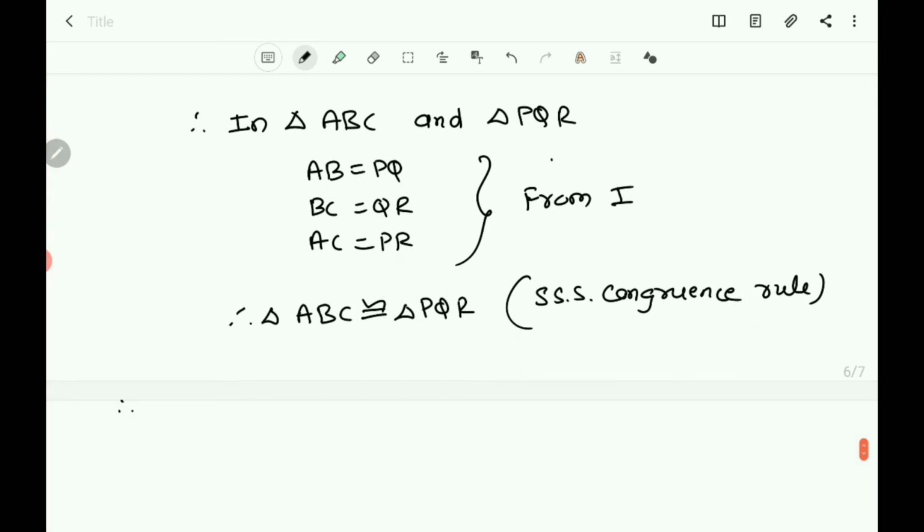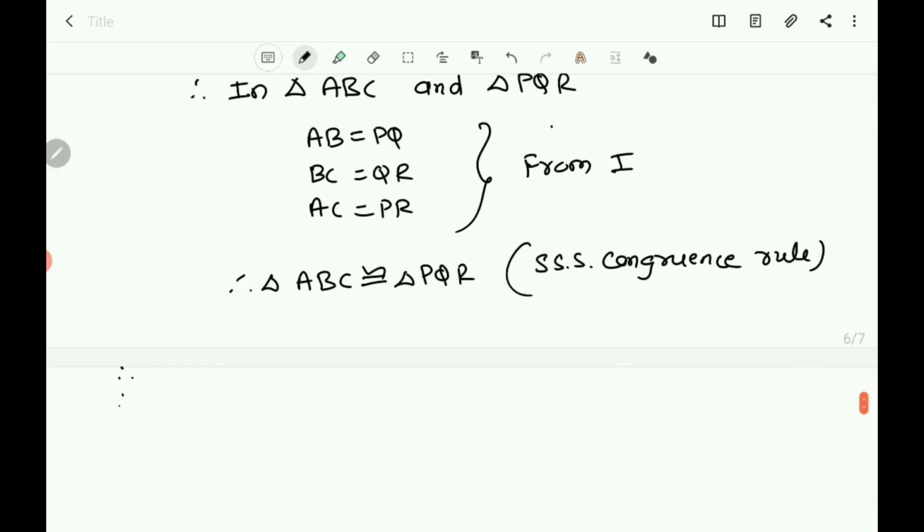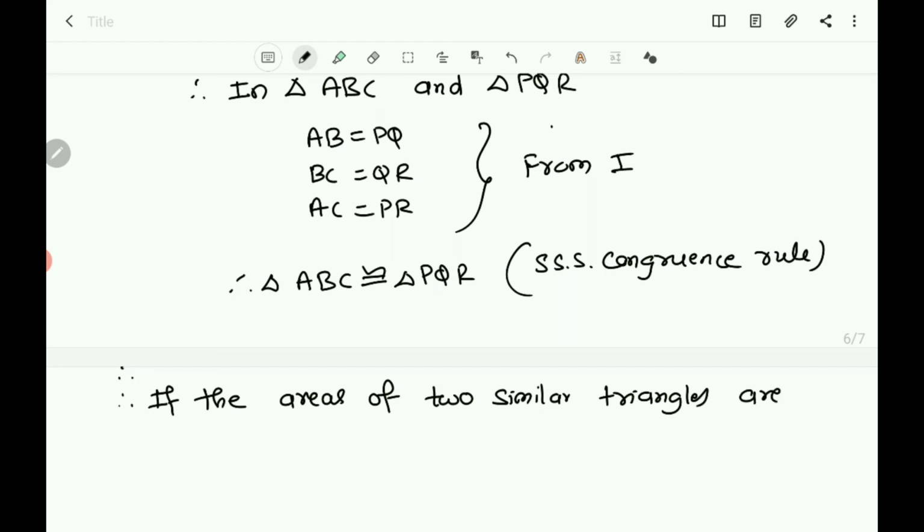Therefore you can say that if the areas of two similar triangles are equal, they are congruent. In this way you got the proof.